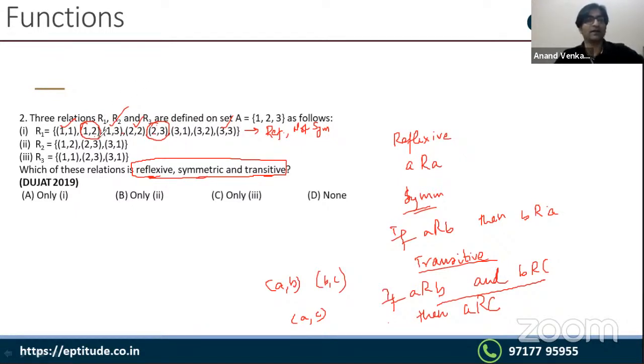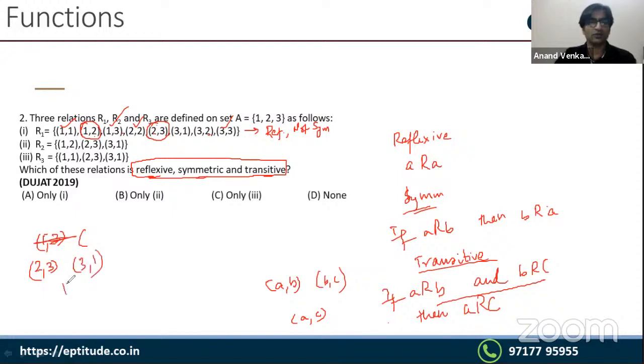Similarly, 3, 1 is there, 1, 2 is there, so 3, 2 should be there, and it is. Right? I can keep on checking in this manner. But it's very easy to prove that this is not a transitive relation. For example, I can choose 2, 3 and 3, 1, right?